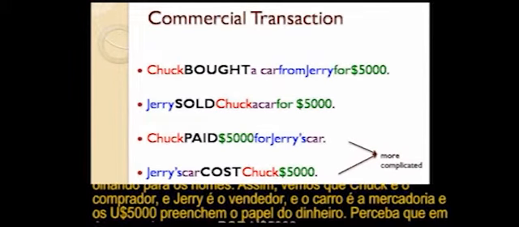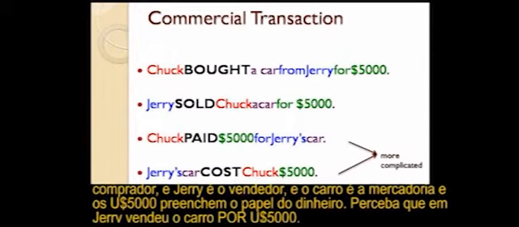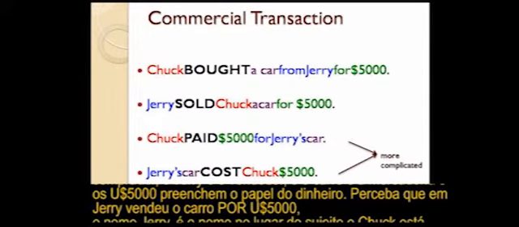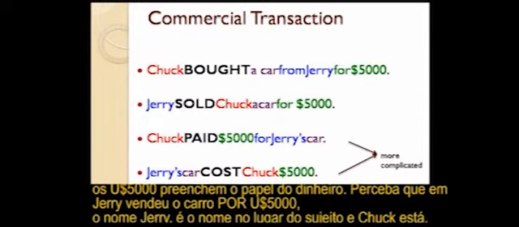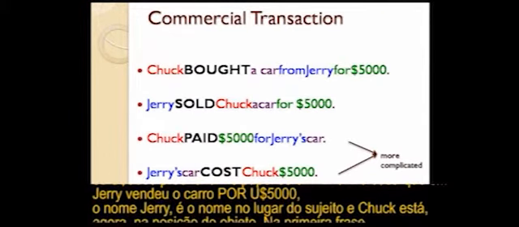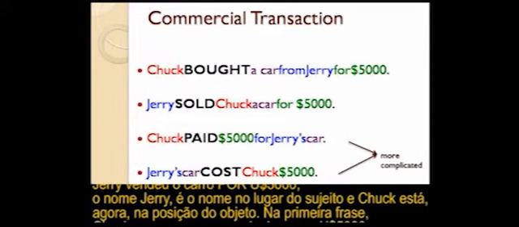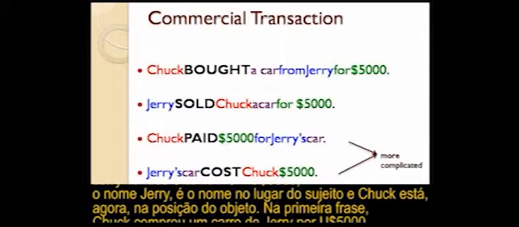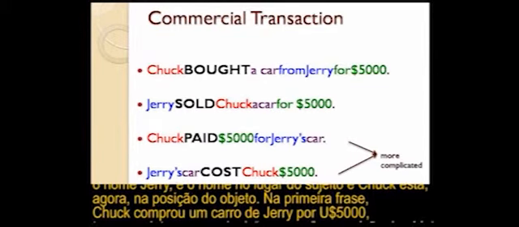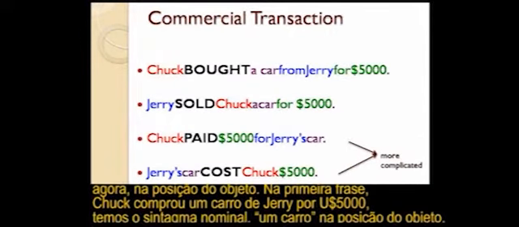Notice that in Jerry sold Chuck a car for $5,000, the noun Jerry is now in subject position. And the noun Chuck is now in object position, right? In the first sentence, Chuck bought a car from Jerry for $5,000, we had the noun phrase, a car, in object position.